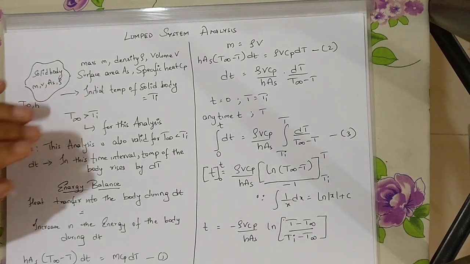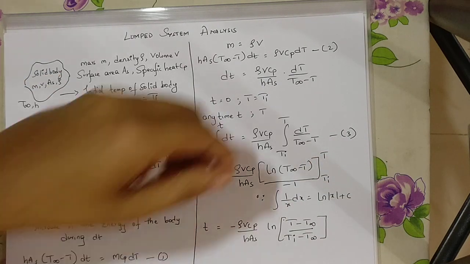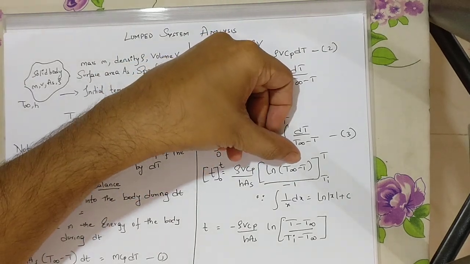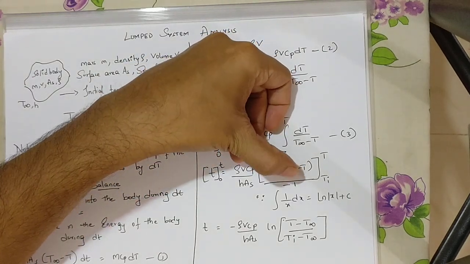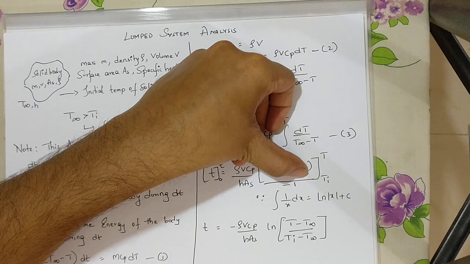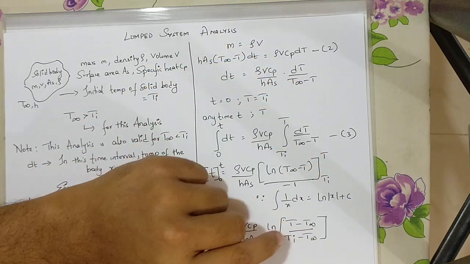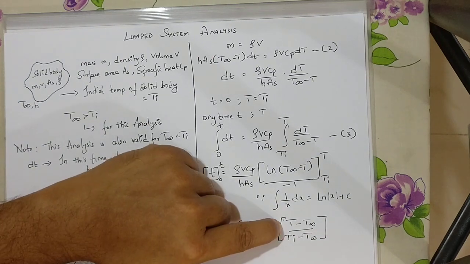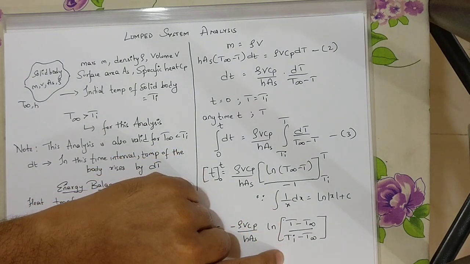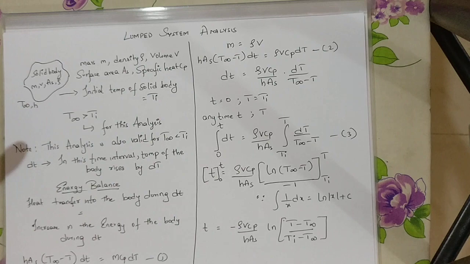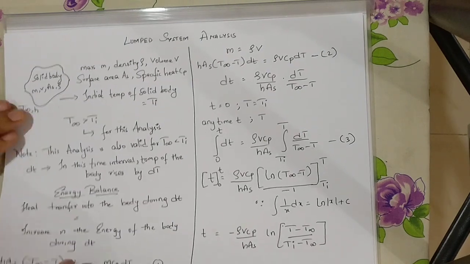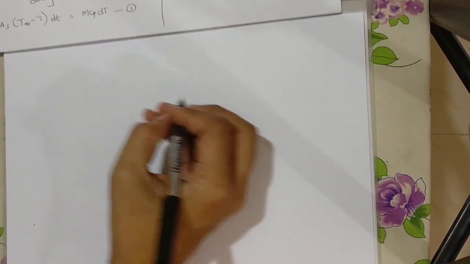If I apply this limit, it would be ln of (T infinity minus T) divided by (T infinity minus Ti). I can take the negative sign common in both numerator and denominator, and then we get ln of (T minus T infinity) divided by (Ti minus T infinity). Let me rearrange this again.